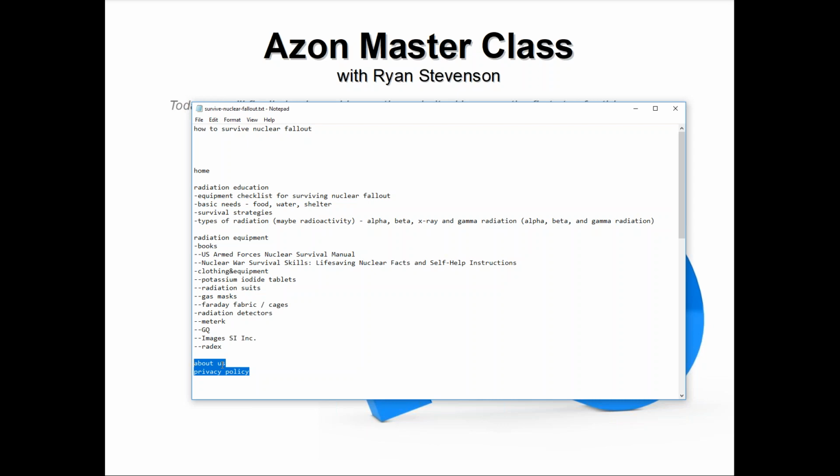Now, the about page is something that I will mention here. It's not necessarily a required page that you build. However, on a larger website like this, I usually put the About Us page there to include the required Amazon affiliate statement, where you are basically just identifying yourself as an Amazon affiliate.